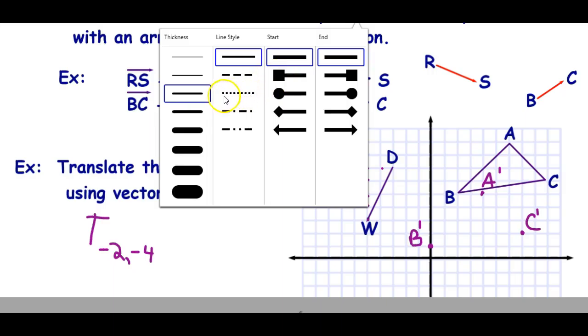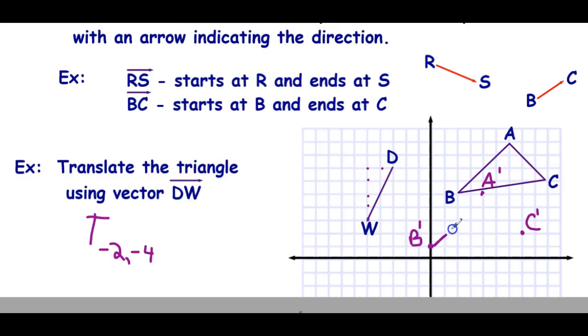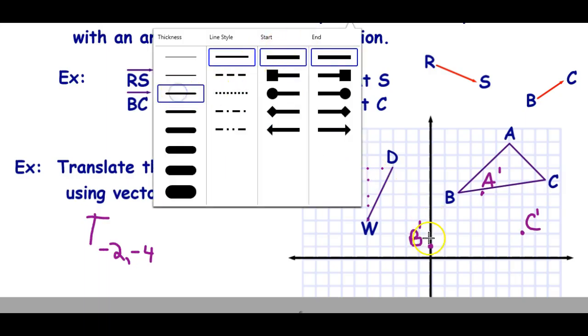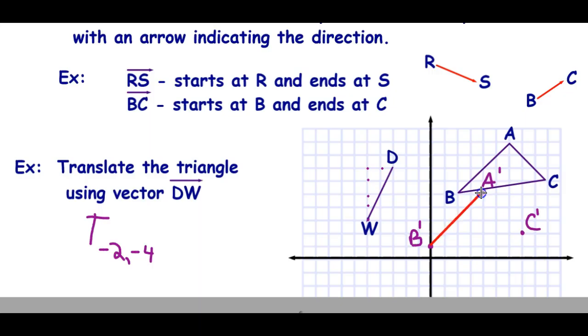Take your straight edge and connect A to B, C, back to B to C. So I've created triangle A prime, B prime, C prime, which is the translation of triangle ABC. And you can tell it looks like triangle ABC was just translated in this direction. There you go. Next page.